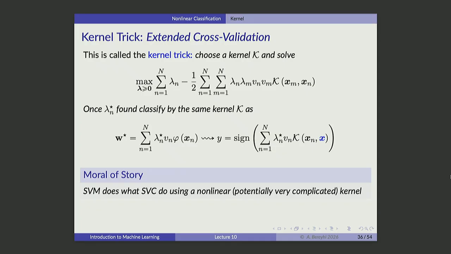By doing that, you can potentially solve very complicated problems which were not possible to solve with a linear classifier. Everybody's cool? Questions? Okay. Great.